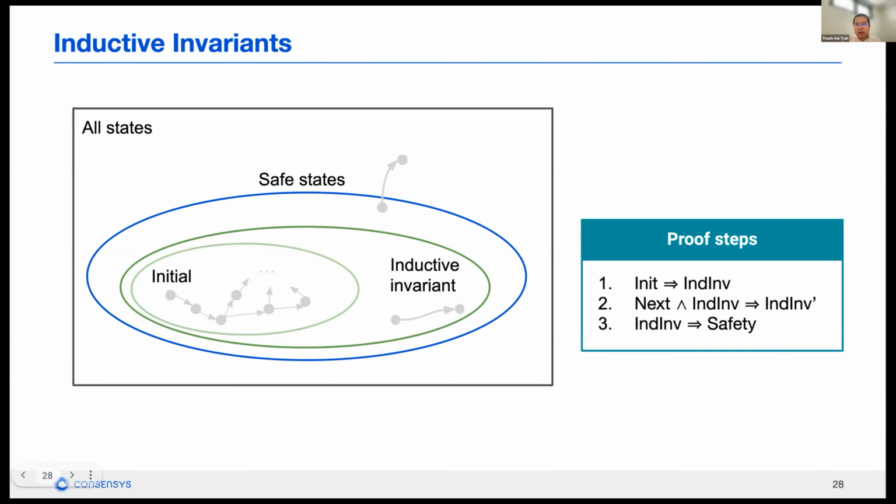And our proof has three steps. First, we show that the initial state implies the inductive invariant. In the second step, we prove that if the current state satisfies the inductive invariant, then the next state must satisfy the inductive invariant. And the last step is to show that the inductive invariant implies a safety property.